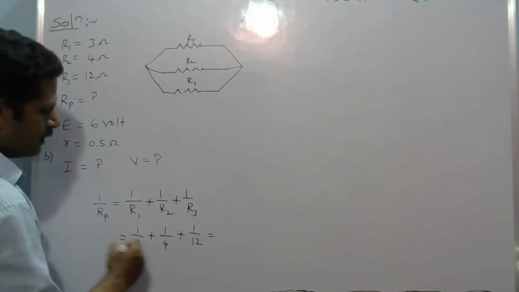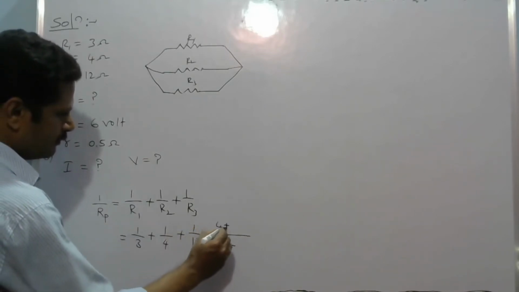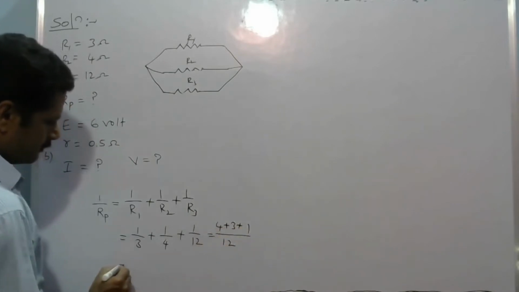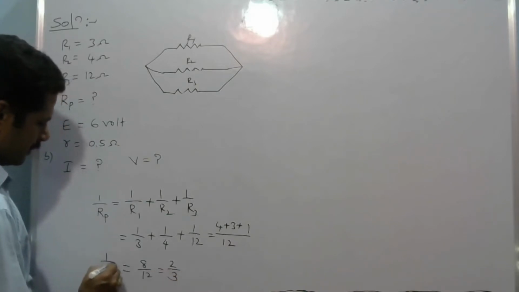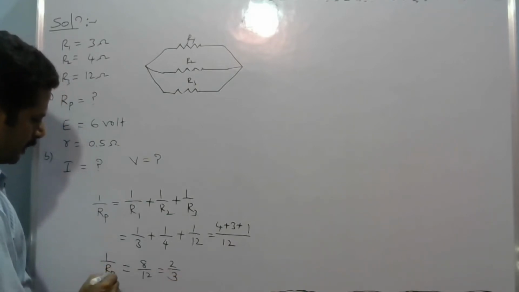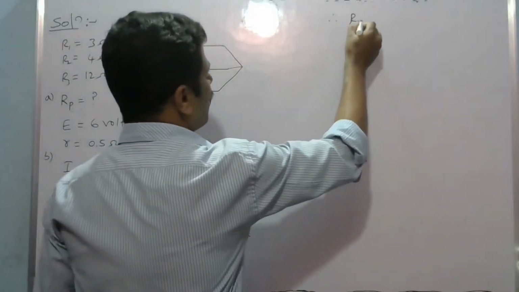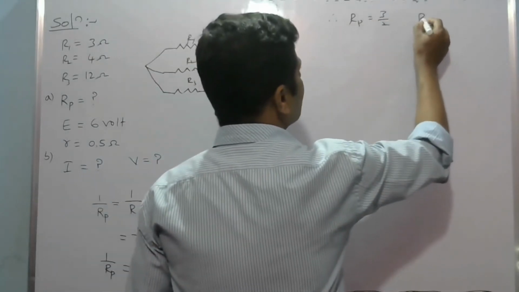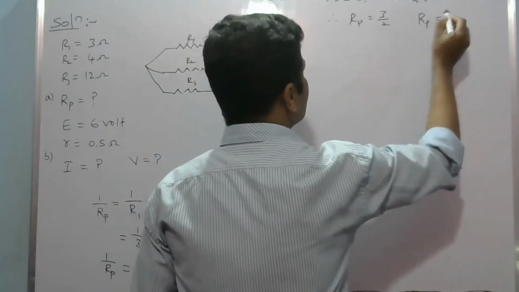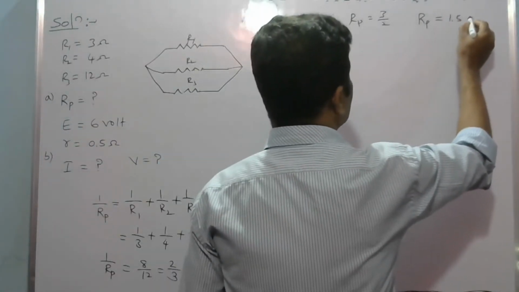Simplifying, we get 12 divided by 4 plus 3 plus 1, so this is equal to 8 by 12. This can be written as 2 by 3. This is 1 by RP, but we want RP. So RP is equal to 3 by 2, or the effective resistance of this combination is 1.5 ohm.